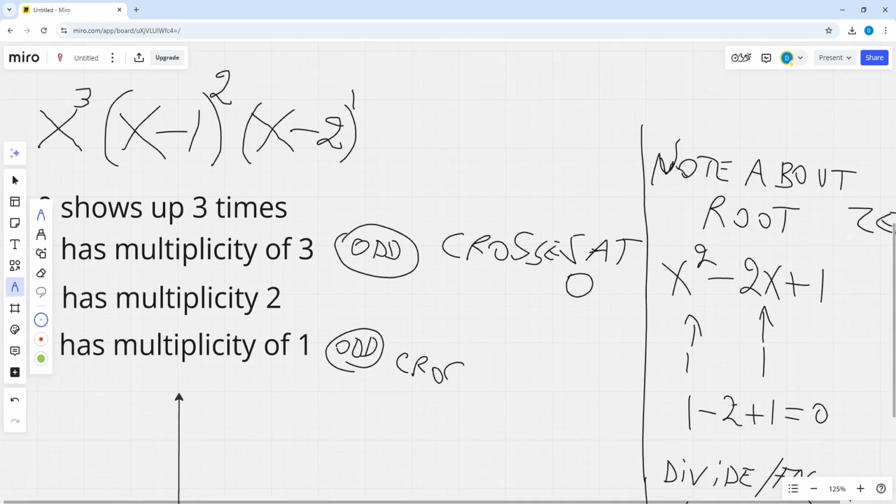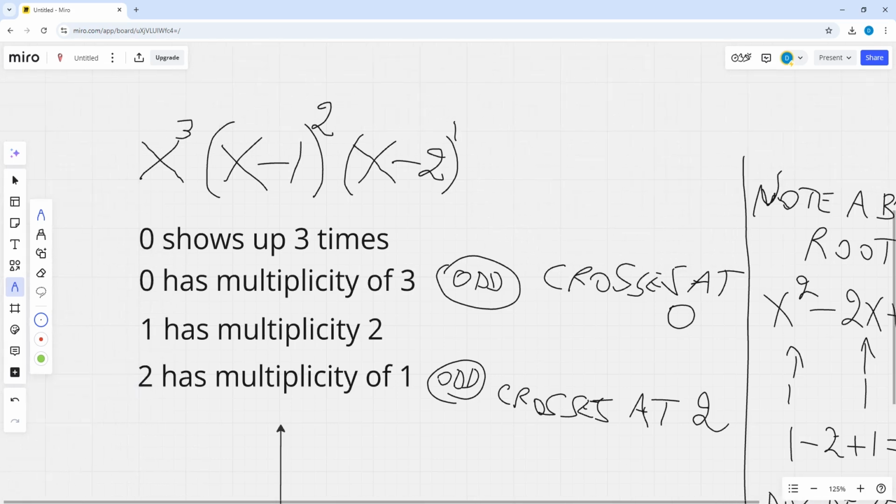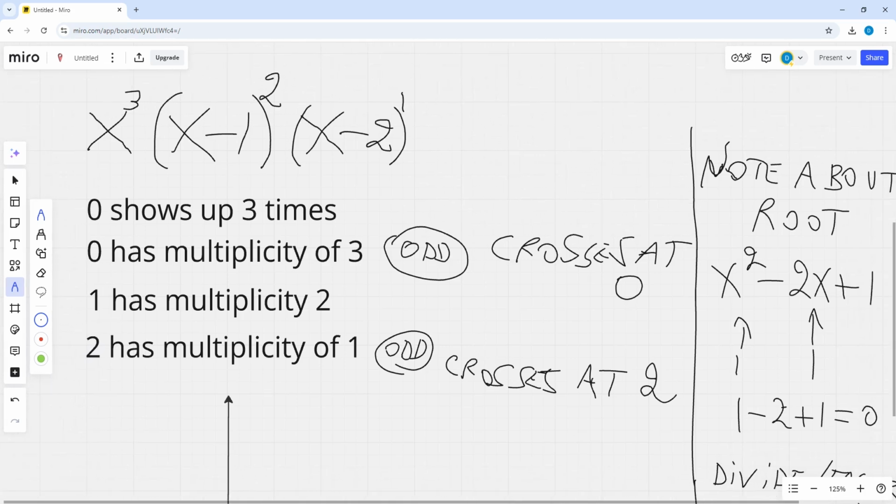So that crosses at 2, because that was the root, was 2, but the multiplicity was 1, which is odd, okay? So now we know that at 0 and 2, the graph will cross, and then here it's even. At 1, it shows up twice, and when it's even, it touches and turns. It touches and turns. This is at 1.